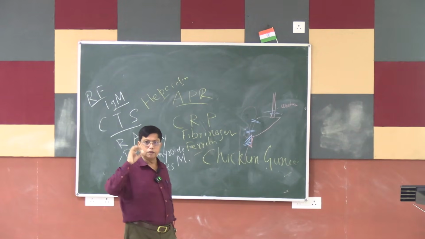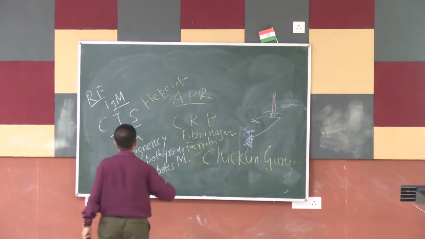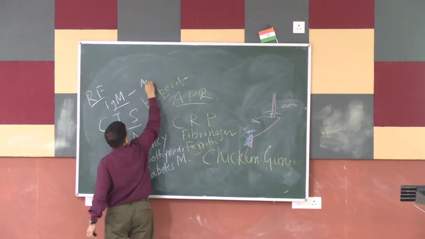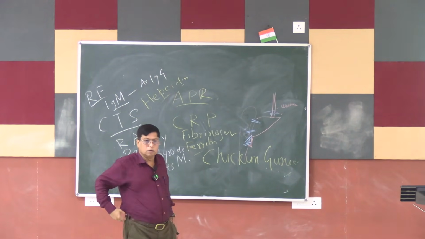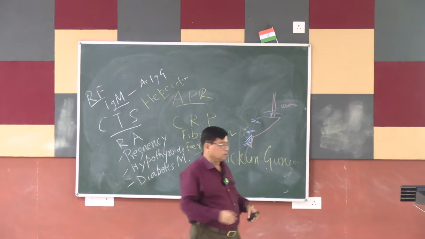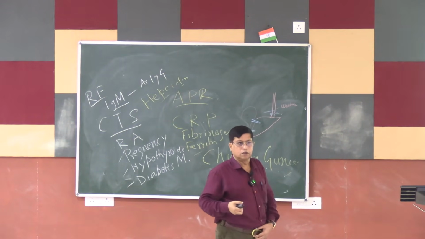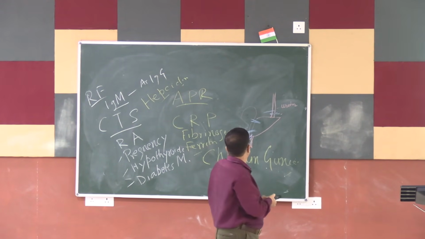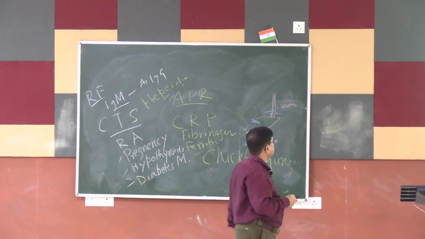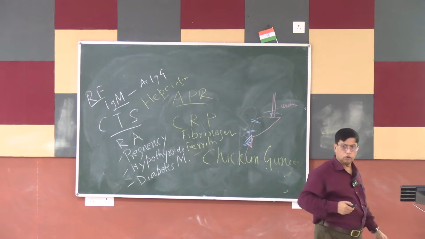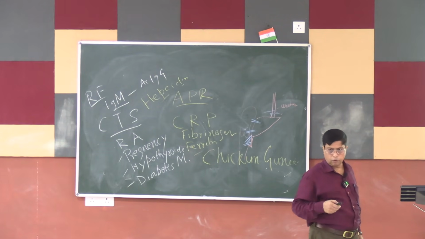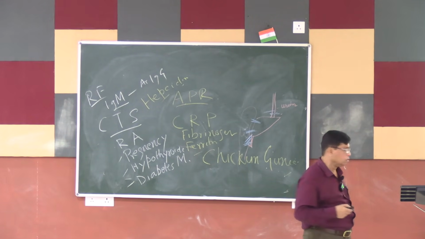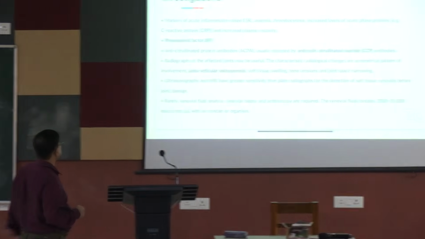It is produced against the patient's own IgG. There are very few diseases where IgM is produced against his own IgG. Rheumatoid arthritis is one, where this IgM is called rheumatoid factor. It is not only found in rheumatoid arthritis; it can be found in many diseases.